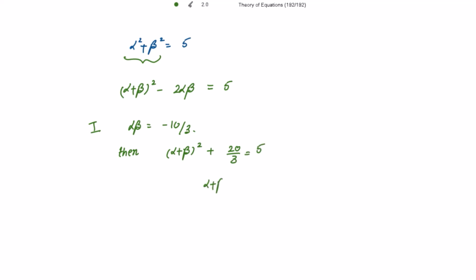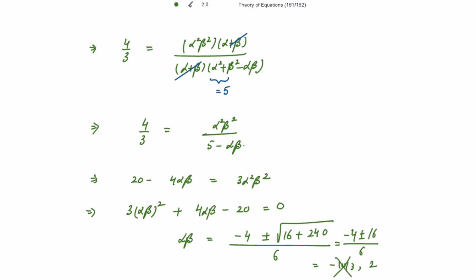That is, alpha plus beta whole square comes out to be a negative value, minus 5 by 3, which cannot be possible. Because of the square, the left hand side is positive and it cannot be equal to a negative value. So alpha beta equal to minus 10 by 3 is not a valid root.